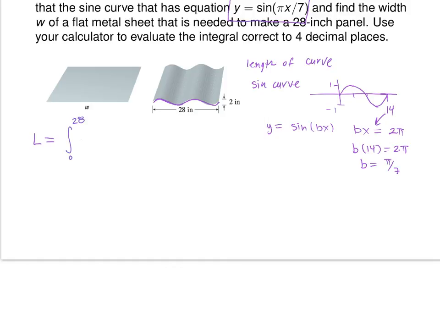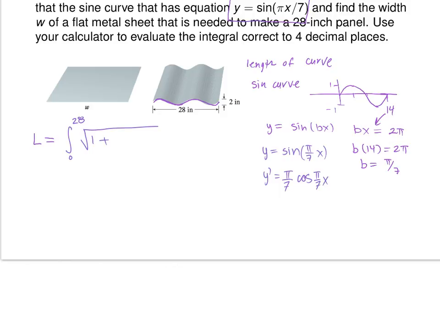And then root 1 plus, so the derivative of this, if y is sine of pi over 7 x, what is y prime? Pi over 7 times cosine of pi x over 7.